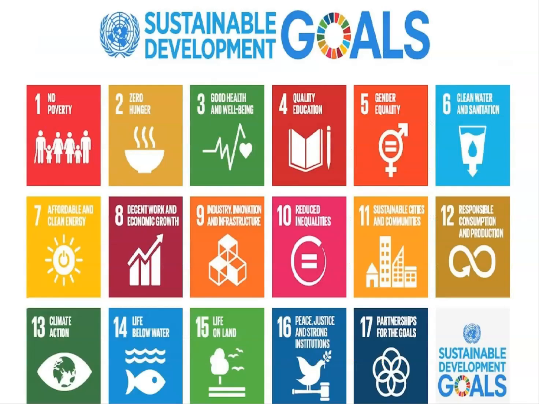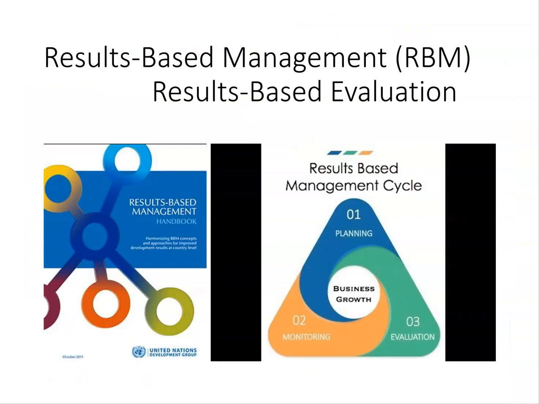The Sustainable Development Goals are basically 17 goal areas with some 180 individual goals within those categories and some 212 indicators that are aimed at describing progress on the goals. Results-based management, RBM, is a descriptive process of reporting what's been achieved.